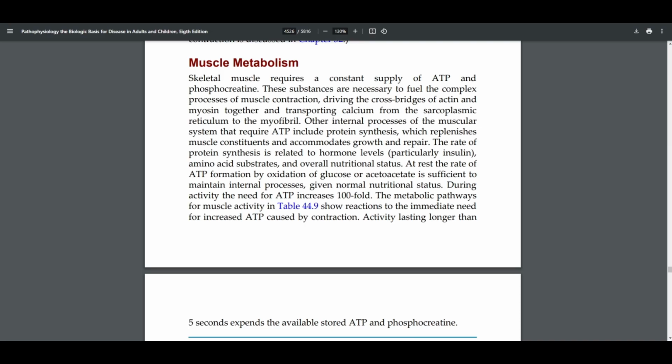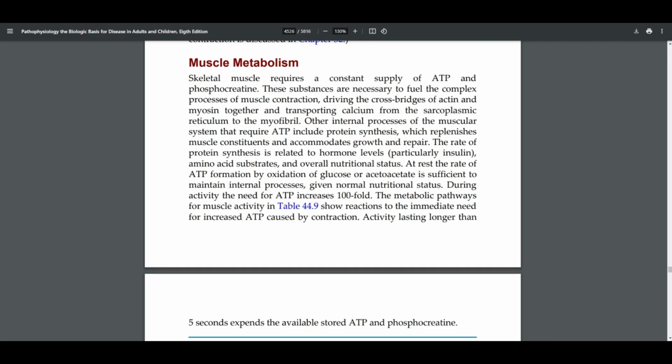Other internal processes of the muscular system that require ATP include protein synthesis, which replenishes muscle constituents and accommodates growth and repair. The rate of protein synthesis is related to hormone levels, amino acid substrates, and overall nutritional status.